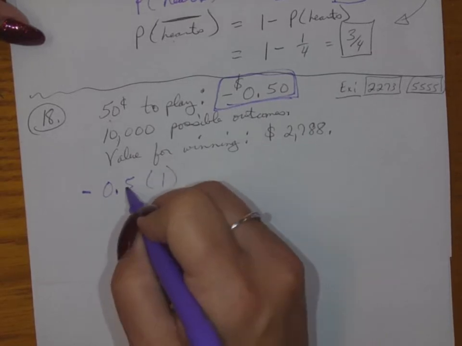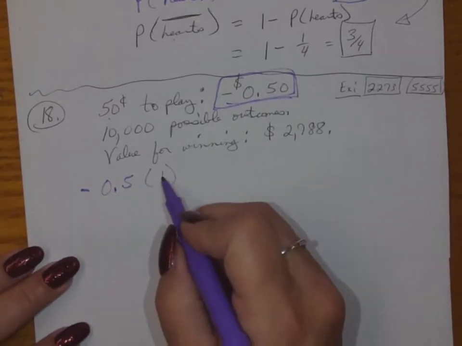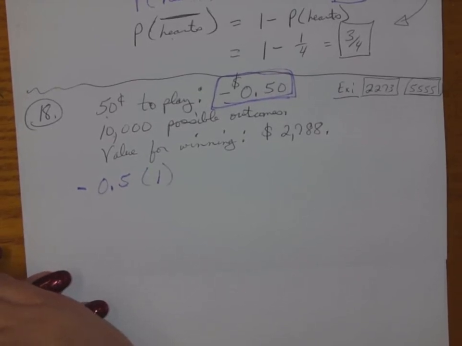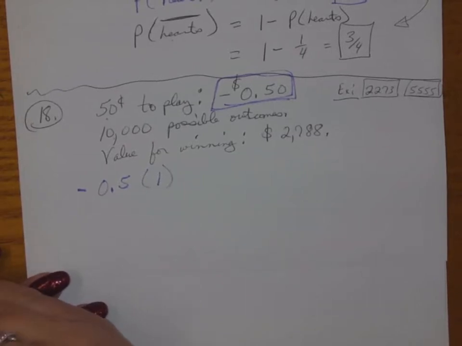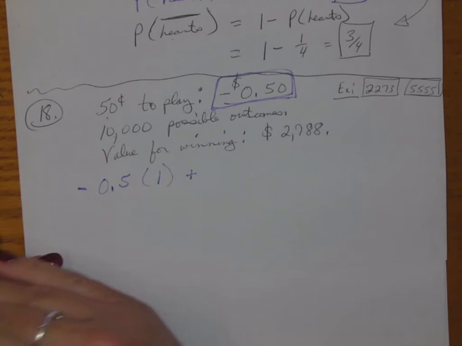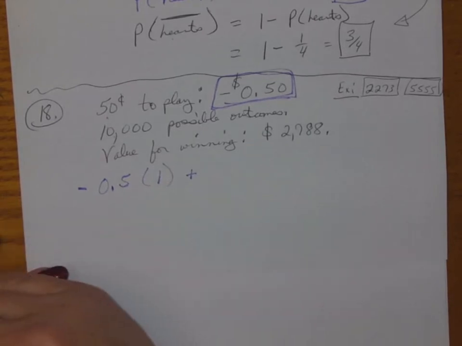And sometimes they'll say, multiply that by 100%, or by a 1, because that absolutely happens. You have to lose your 50 cents. You have to pay to play. If you don't pay, then you're not going to win at all. All right, so then what? Plus, everybody loses 50 cents. What?